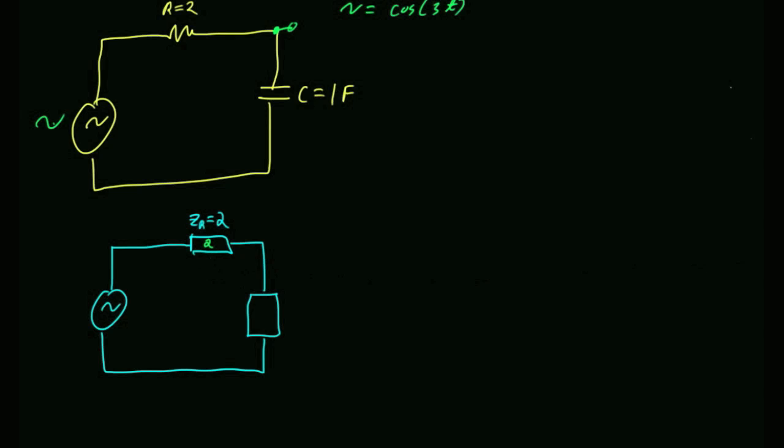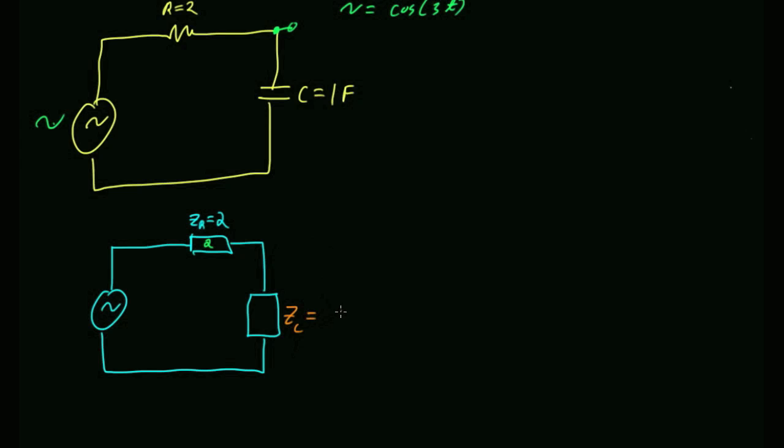What is the impedance of my capacitor? Plug and chug. Do you want to do phasor notation or complex notation? Let's do complex. It doesn't make a difference. We get the same answer each way. Let's do 1 over j omega c.